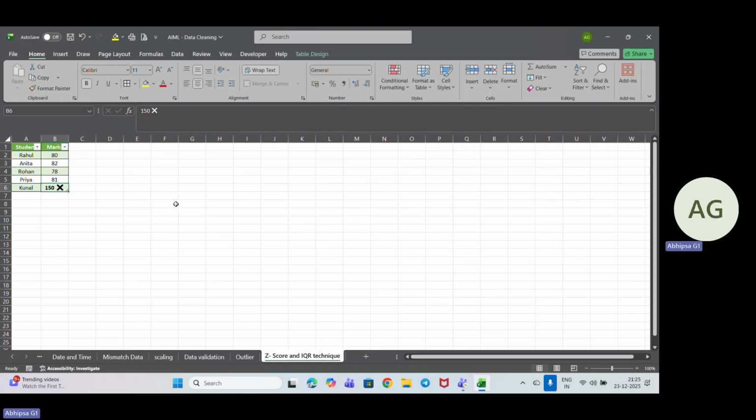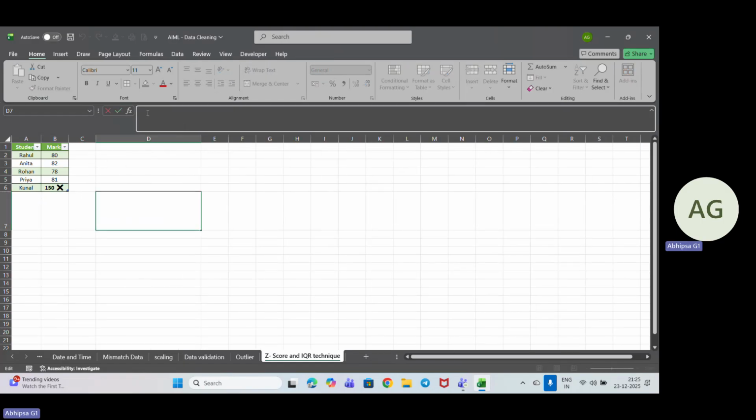So the Z score formula is: value minus average, put inside a bracket, and we divide it by the standard deviation. Value is the number we want to check.